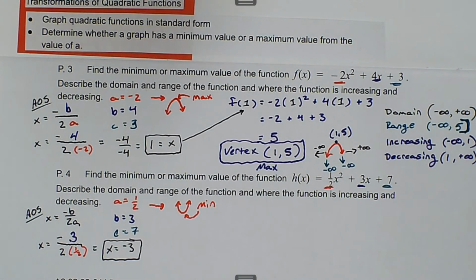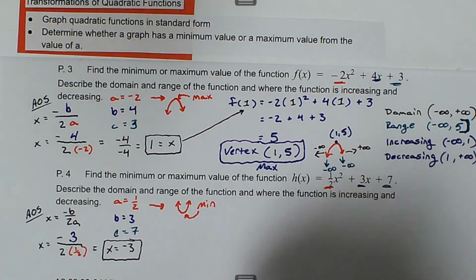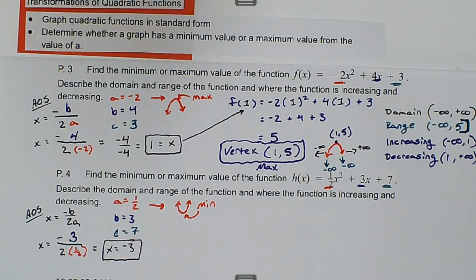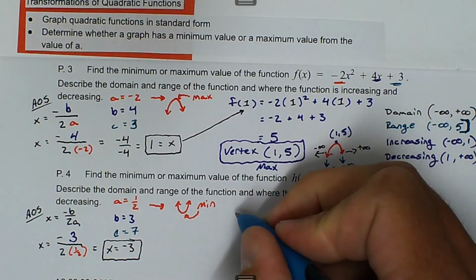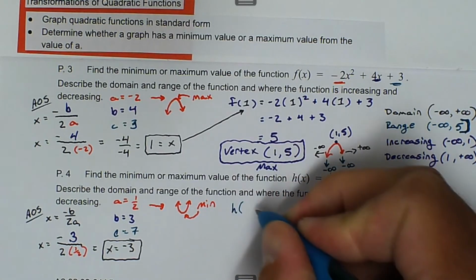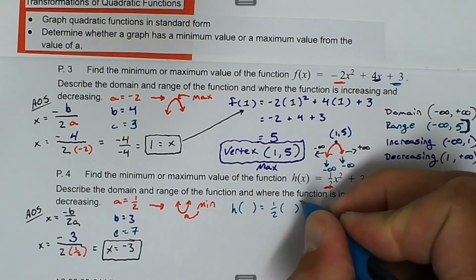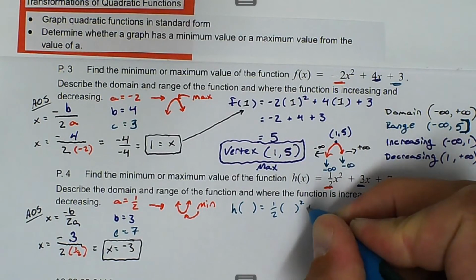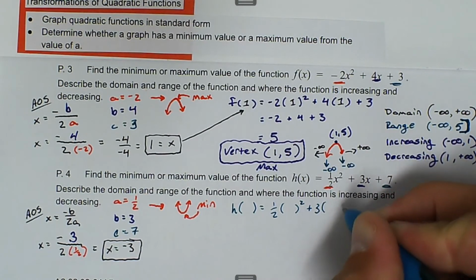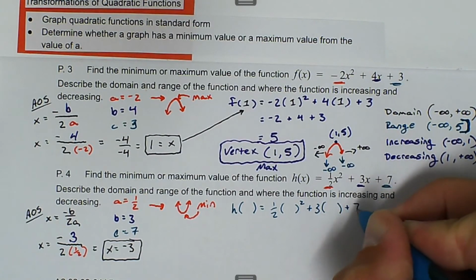So we can substitute negative 3 into the function and solve it and figure out what that is. So this time we're talking about the function h evaluated at negative 3, and that's going to be equal to 1/2 times negative 3 squared plus 3 times negative 3 plus 7.